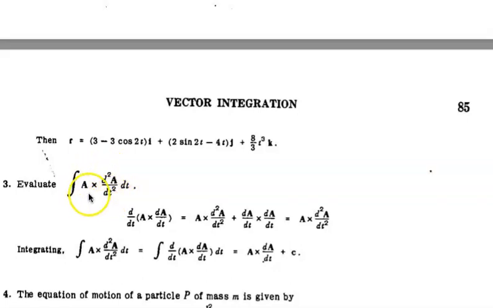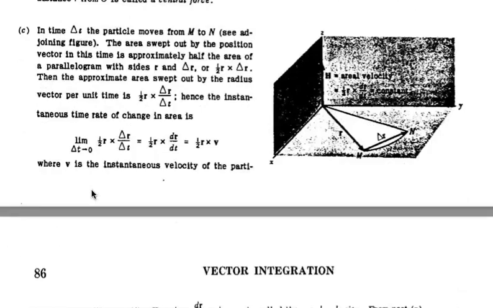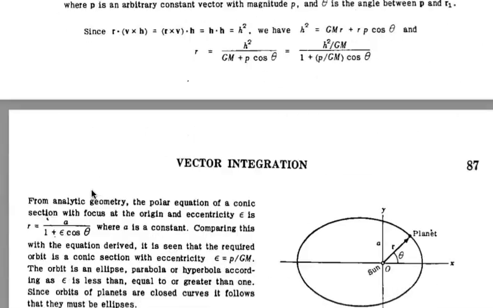Well, before you can evaluate, you have to simplify the integrand. Once you simplify the integrand, which is the quantity underneath the integral, then you can proceed to formally perform some integration.